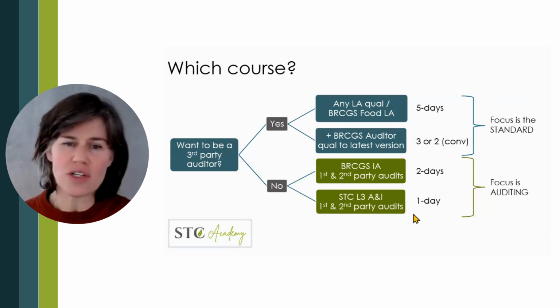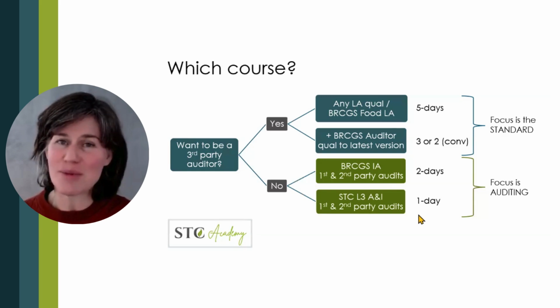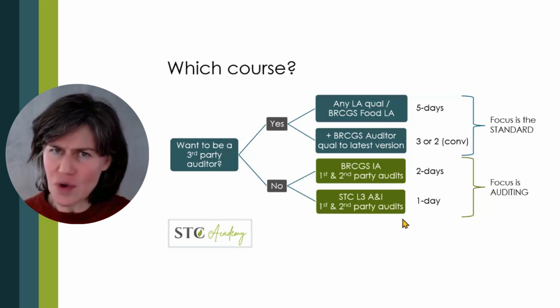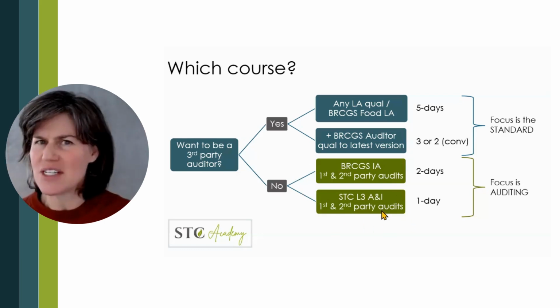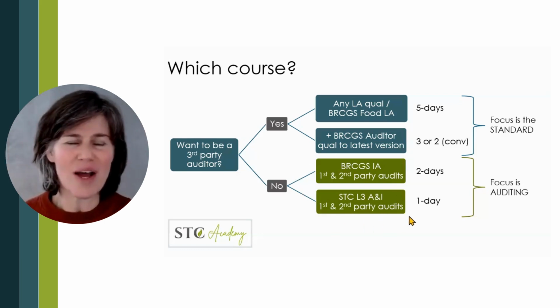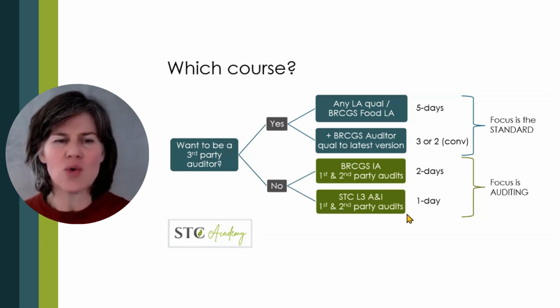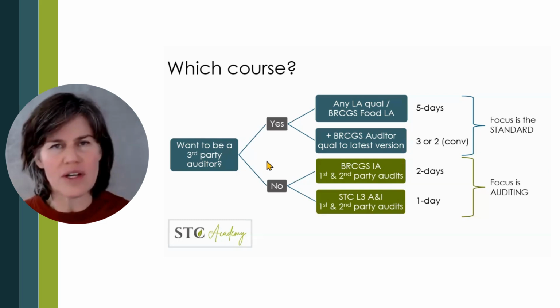All right, so they are not at all standard specific, though they do cover the BRC requirements for auditing. Okay, so we make sure that you include conformity as well as non-conformity. We talk about report writing. We talk about how to deal with difficult auditees or how to manage the audit process well, how to deal with non-conformities. We talk about all the GFSI requirements, but it's not specifically focusing on one standard or another standard.